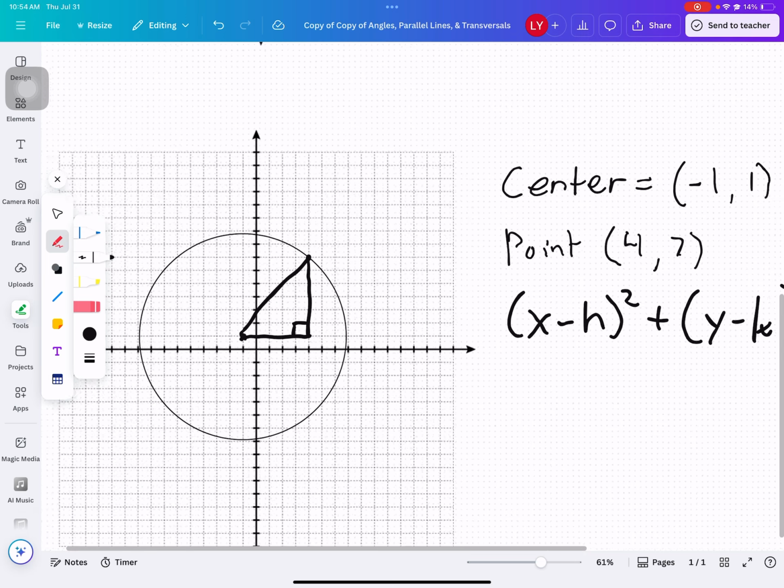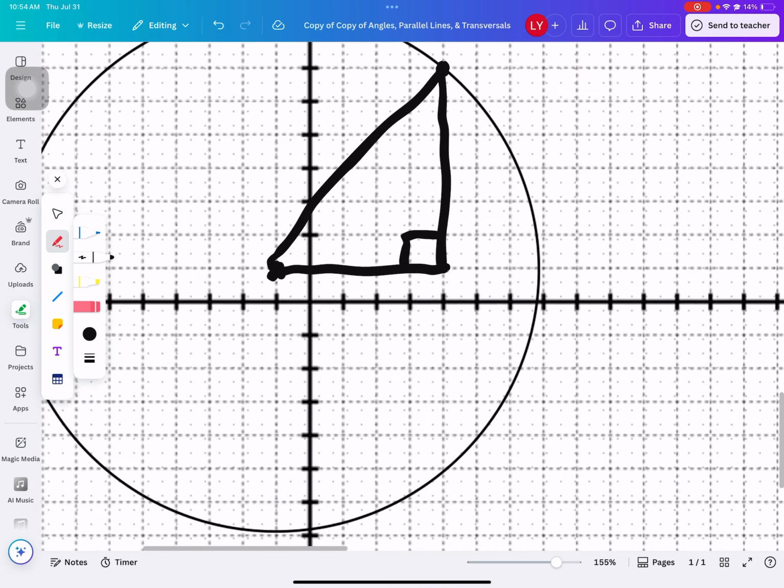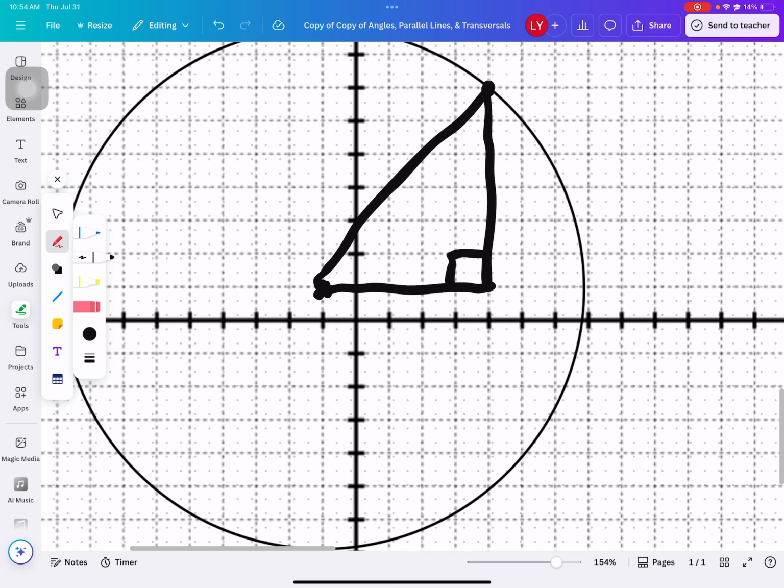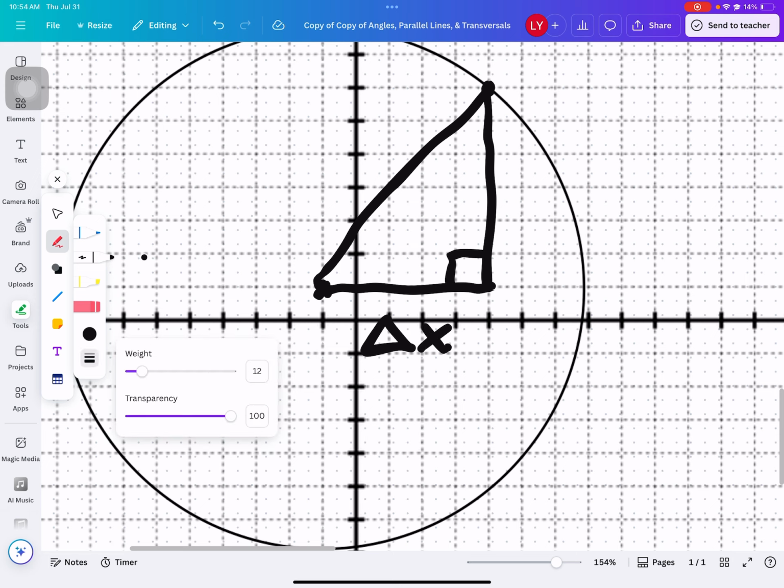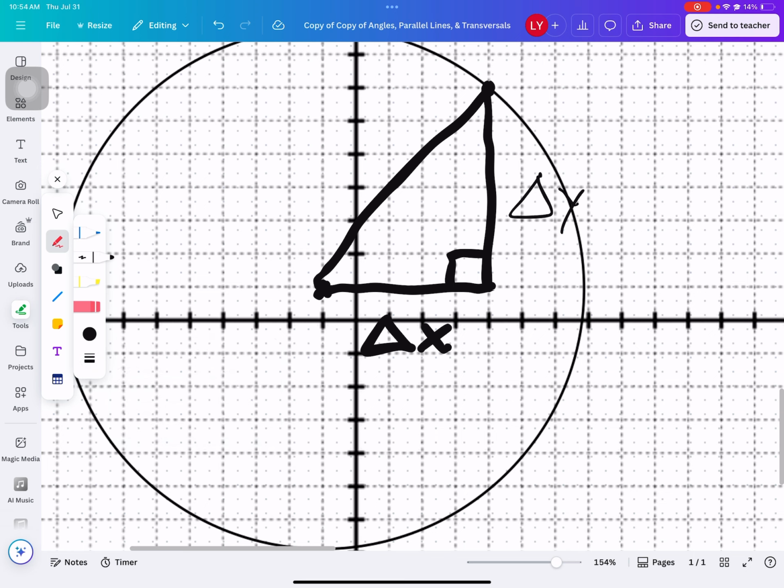Basically, to find the radius, we have to find the difference in x, the difference in y, and that will be r.